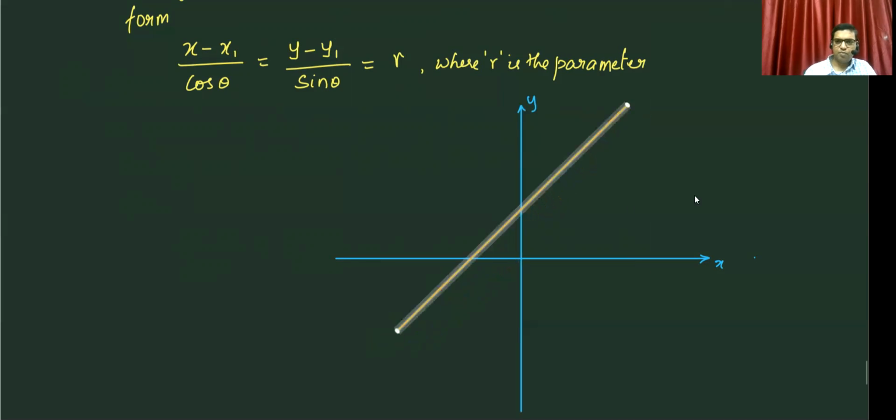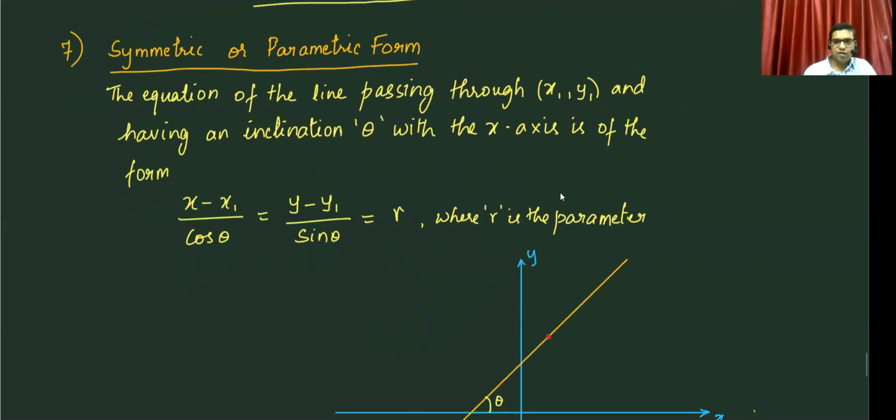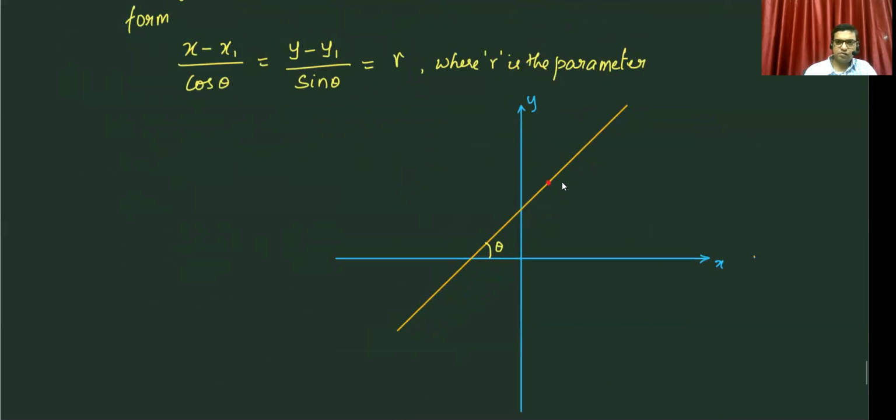Okay, I'm just putting any line which makes an inclination theta, and it is passing through a point A (x1, y1). Now P (x, y) is any point on this line.